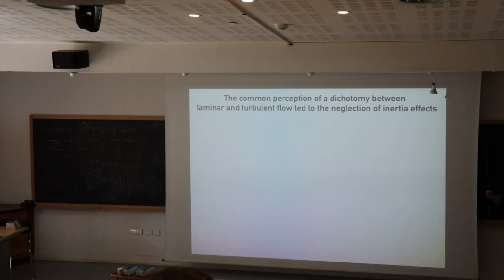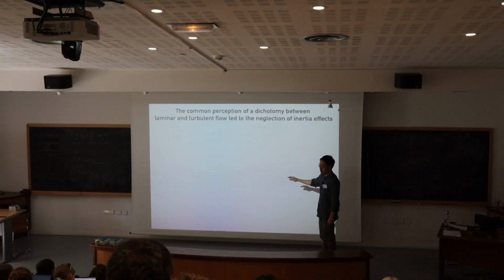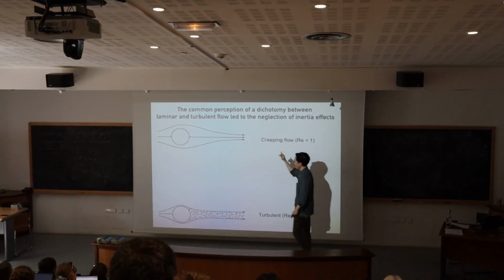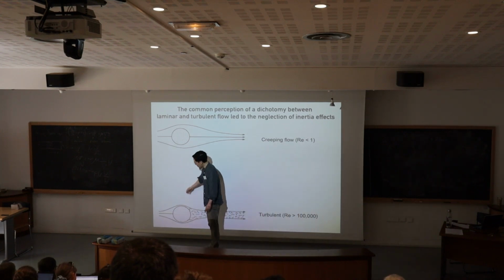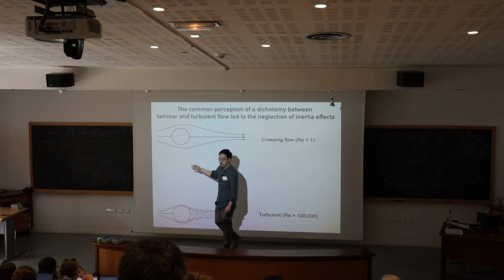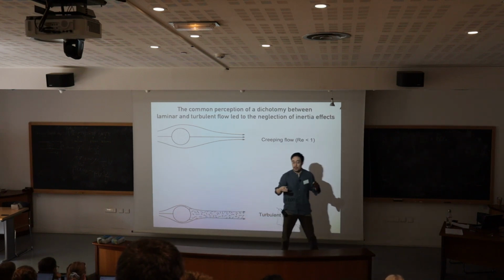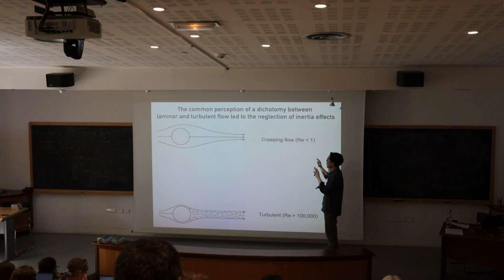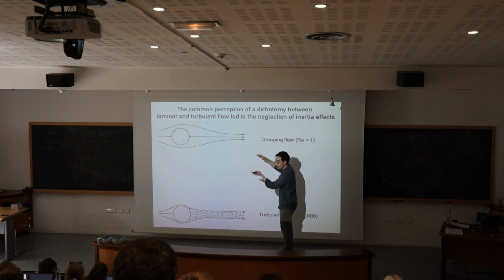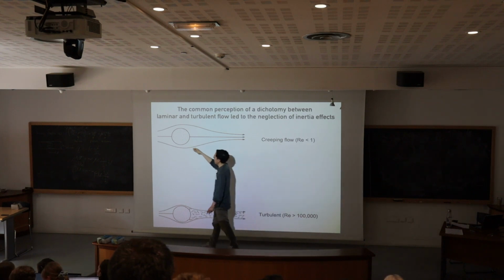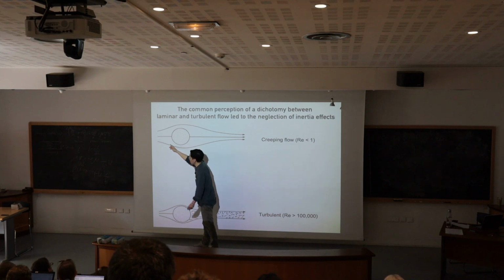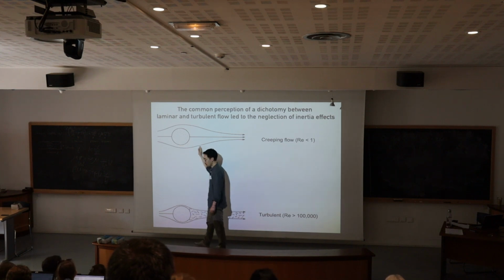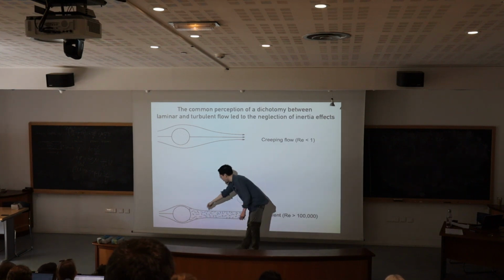So, someone already talked about turbulence, and I think this will be a really key point. Many people actually don't think about the inertial laminar regime, which will be the main topic of my talk. The reason is that when people think about flow, they usually have this conceptual perception of a dichotomy between laminar flow or creeping flow, where we are thinking about flow around a single grain, at very low Reynolds number, where everyone can agree the flow will be very smooth, and the turbulent regime, where we will see everything being chaotic.